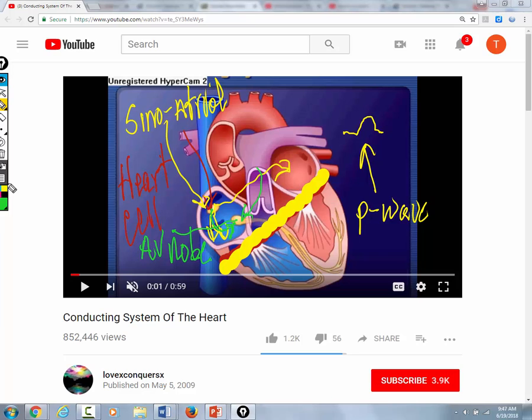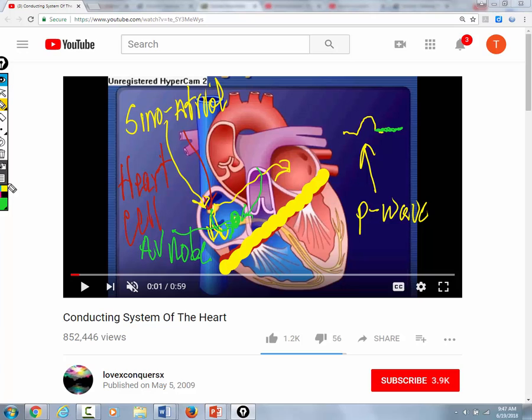AV node, atrioventricular node. And in that AV node, there's a little delay. I am exaggerating this delay for the point of edification. Nothing? Okay. So flat line over time, no electrical activity.